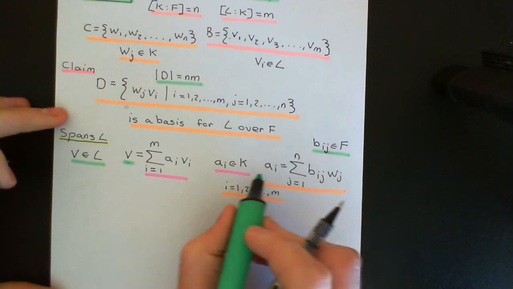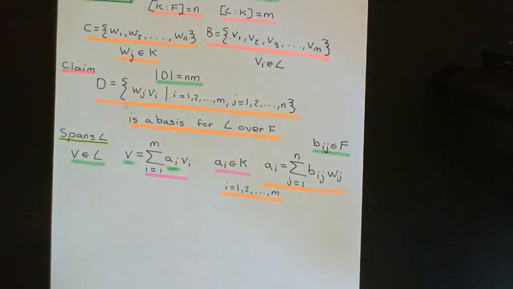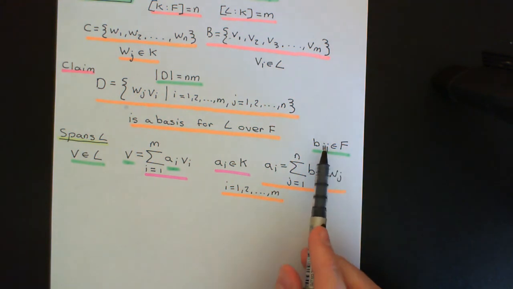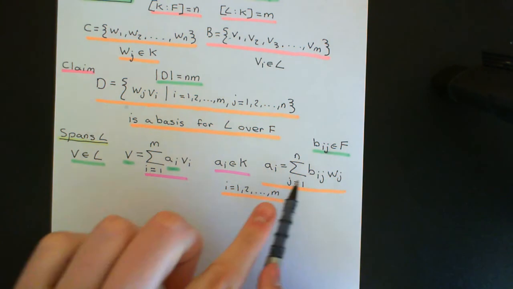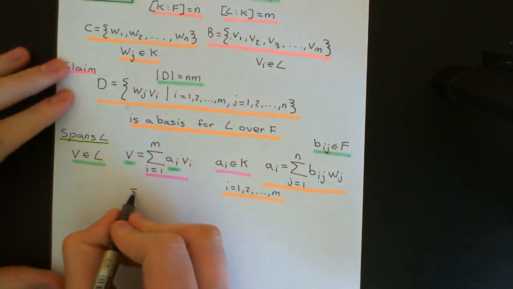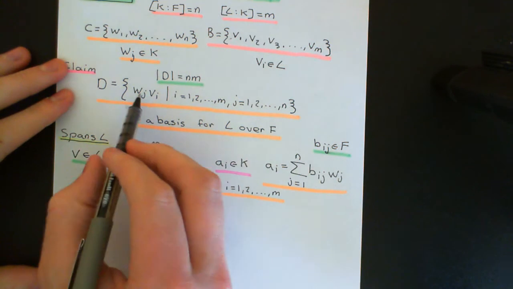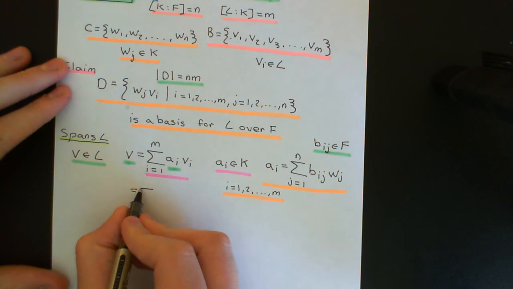I can now write my coefficients here, which were from the intermediate field, capital K, as linear combinations of these basis vectors, where the coefficients will be from my smallest field, capital F. So now I'm going to substitute this in for a_i, and then see if I can modify it into a linear combination of these basis vectors, where the coefficients are from the field, capital F. And indeed I will be able to do that.